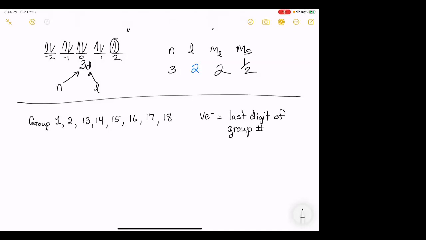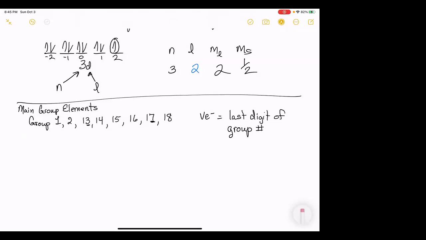If it's a main group element, which is group 1, 2, 13 through 18, then it's going to be whatever the last digit of the group number is. For instance, boron is in group 13. Therefore, the last digit is a 3, so it has 3 valence electrons. Iodine is in group 17. The last digit's a 7, so iodine has 7 valence electrons.